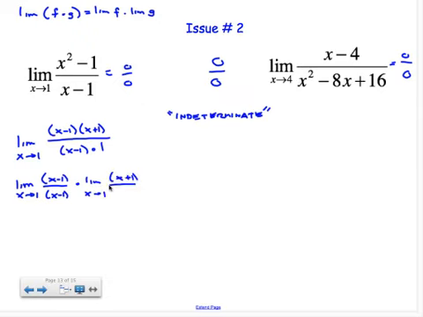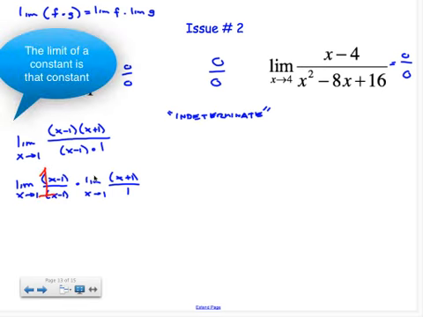If I multiply those two fractions together, I'd end up with what I have in this line right here. And the reason I did that is because I'm removing an unnecessary 1 from this fraction. x minus 1 divided by x minus 1 is always equal to 1 except when x is 1. But x is not 1 when we do a limit. x approaches 1. So this first limit is 1.